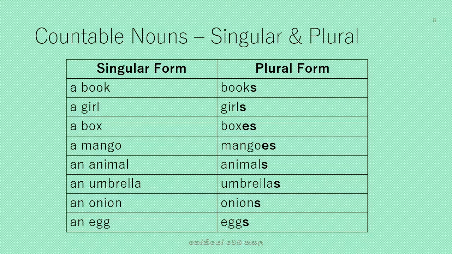If we take a book, that is one book, which means it is singular. What is the plural form? Books. So we add S to the end. A girl, girls. We add S here. A box, boxes.